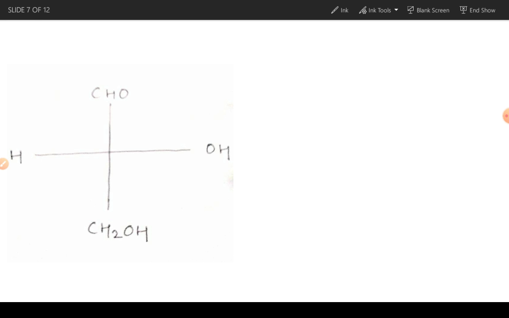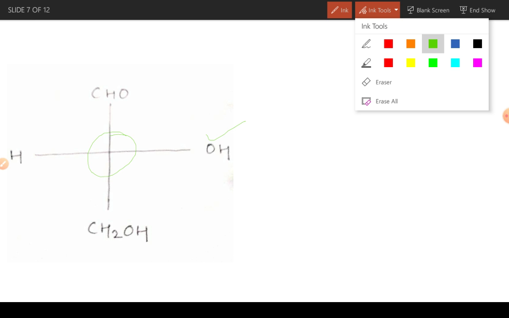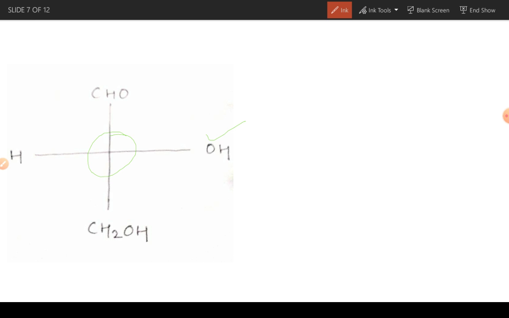As I said, we need to first assign priority to the groups and number them. As you have seen, this is oxygen, and this is a chiral carbon, as 4 different groups are attached to it. So see, as this is OH, and O has more priority than carbon and hydrogen, we will number it as 1.